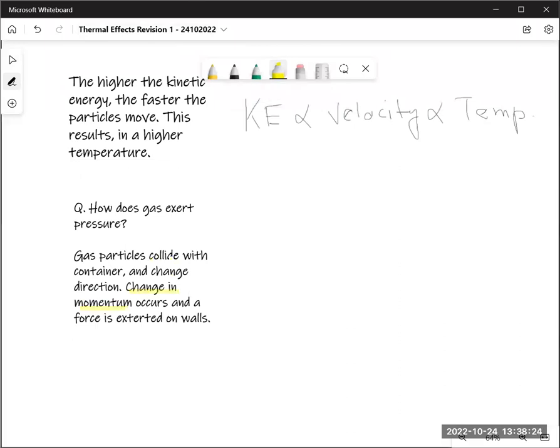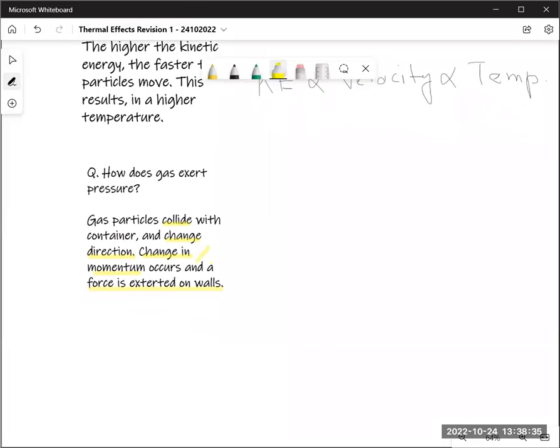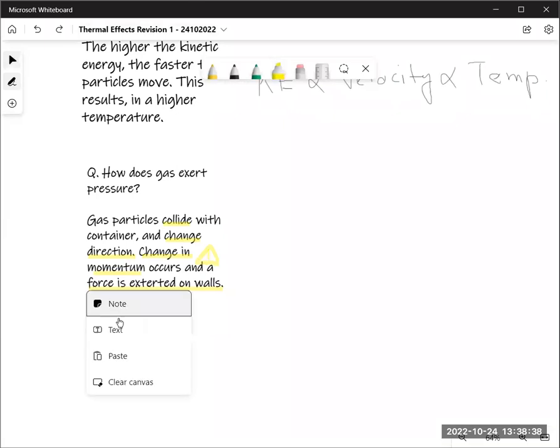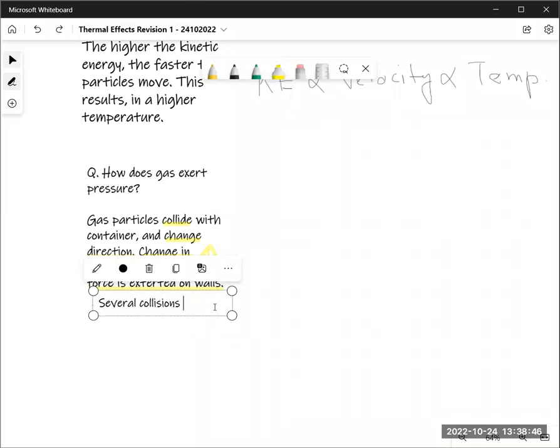Change in momentum, collide, and a force is exerted on walls. That's important. Also, change direction. Well, everything is important, but especially change in momentum. The last thing is several collisions can be averaged. When averaged, cause pressure.